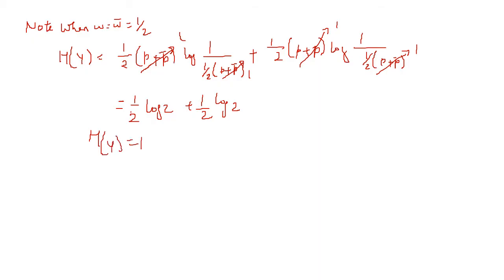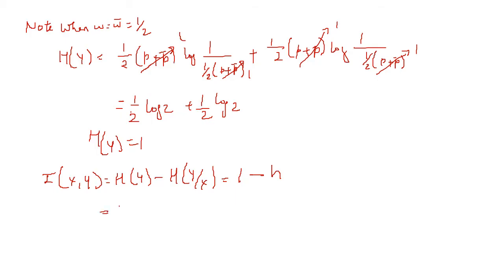So now mutual information is I(x,y), which is H(y) minus H(y|x). So H(y) we have got as 1 minus H(y|x), which is a constant value for a symmetric channel, equal to h.